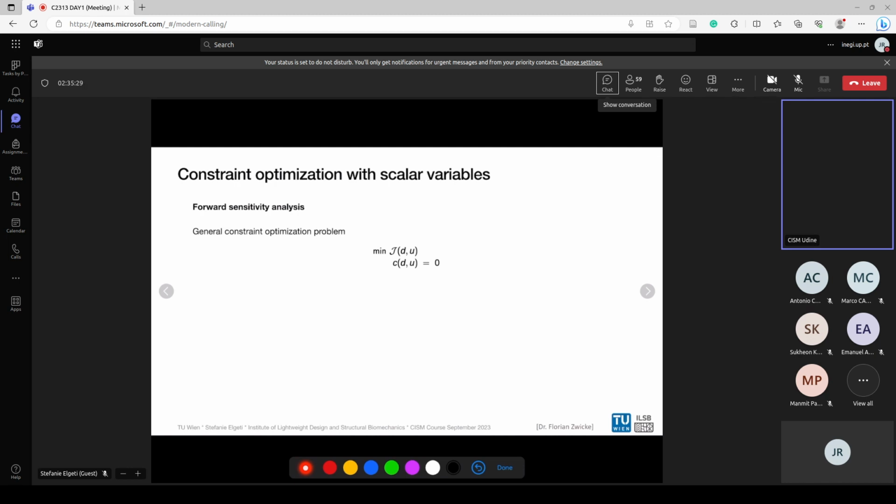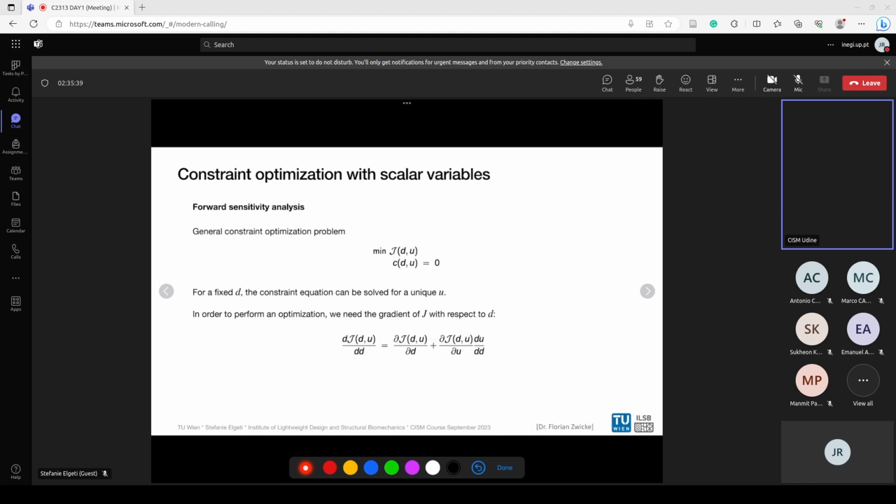So we are searching for the minimum of j of d and u, and we have this equality constraint, and we could perform forward sensitivity analysis. For fixed d, the constraint equation can be solved for unique u. We just did that. And then in order to perform the optimization, we need the gradient of j with respect to d.